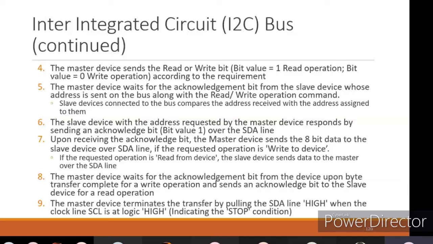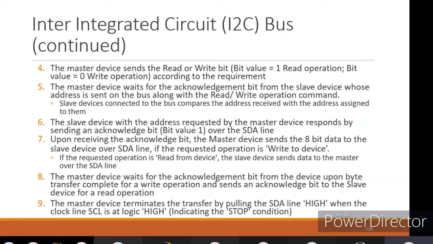Okay. The master device waits for the acknowledgement bit from the device upon byte transfer complete for a write operation, and sends the acknowledgement bit to the slave device for the read operation. After the completion of transmission, it will wait for the acknowledgement from the slave that the data has been received.